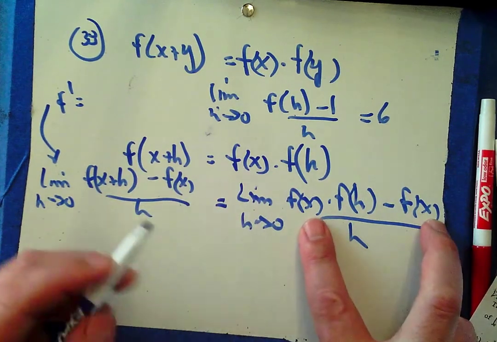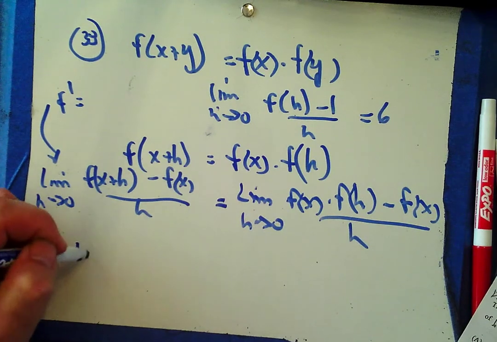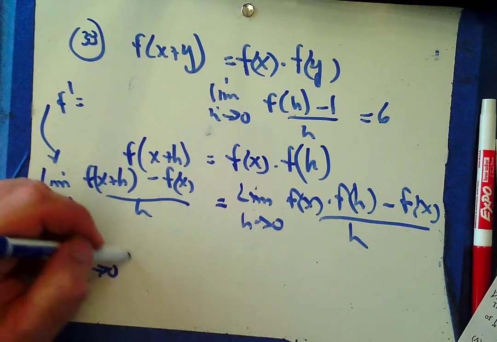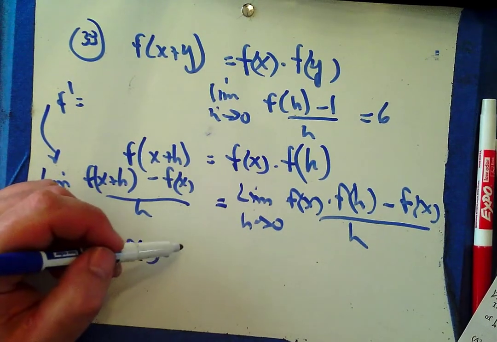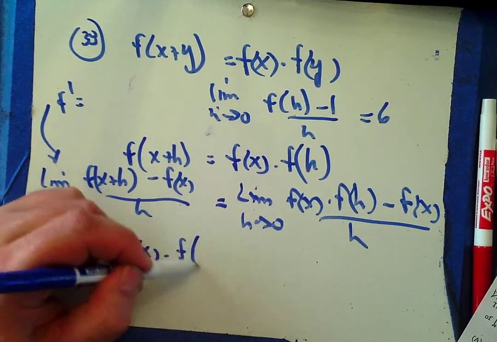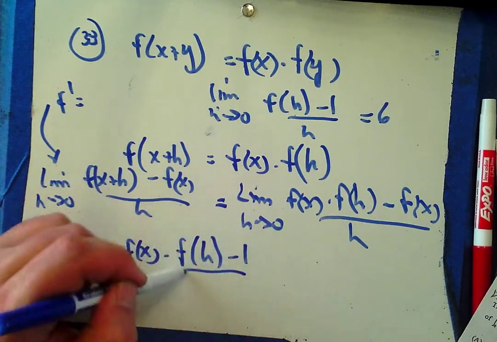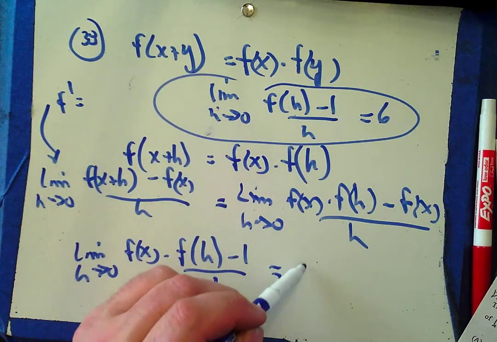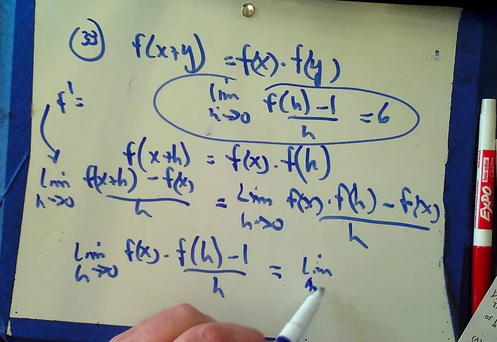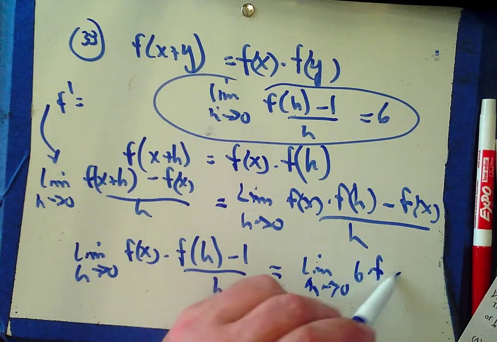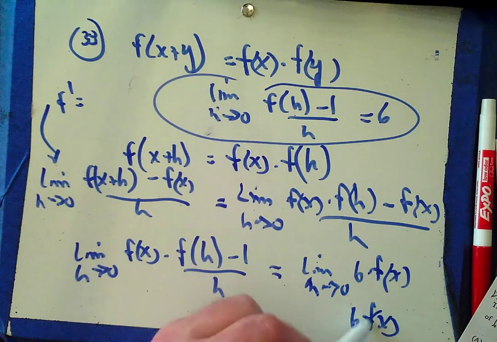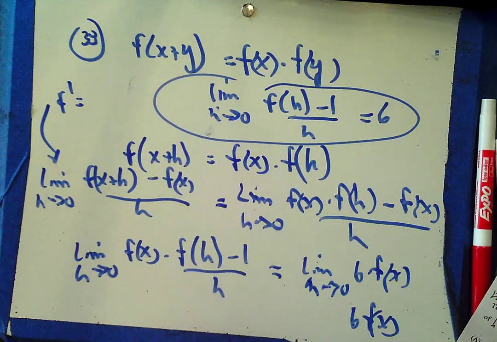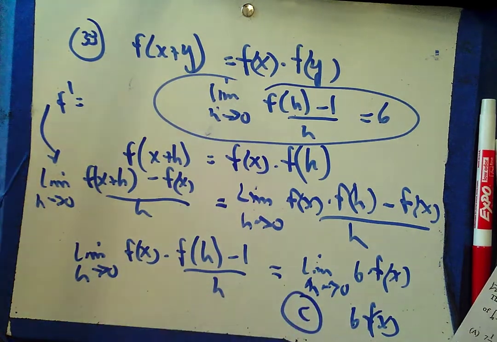Now I see I can factor out an f of x here, and so we're going to have the limit as h heads to 0 of f of x times f of h minus 1 over h. Well, they told me that that was equal to 6, so this is just the limit as h heads to 0 of 6 times f of x, which is 6 f of x, and that corresponds to choice C for number 38. Okay, 22.